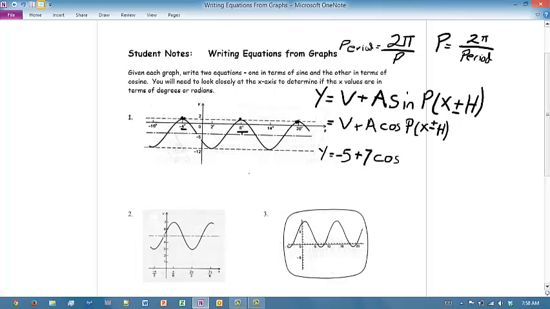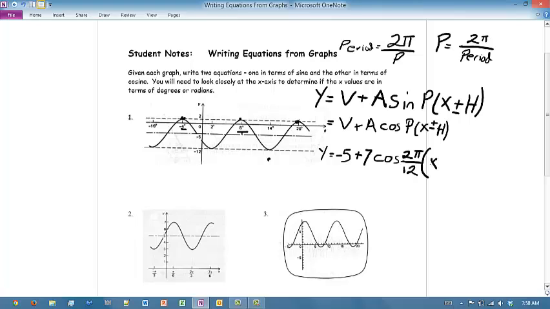So it's going to be 2 pi divided by 12, or that's going to be pi over 6. You guys can go ahead and write pi over 6, but I'm going to stick with 2 pi over 12. And remember, you don't need to simplify, sometimes it's nice.